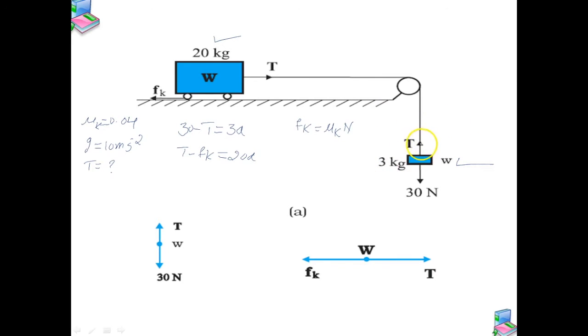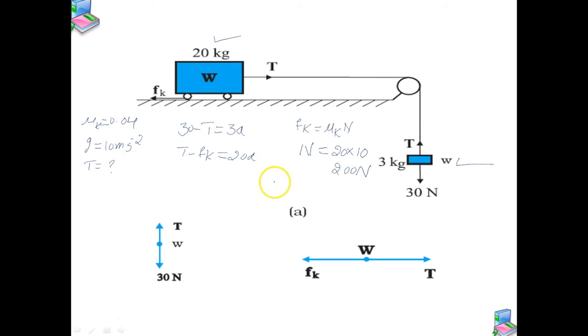And N is equal to 20 into 10, that is m into g, which is 200 Newton.